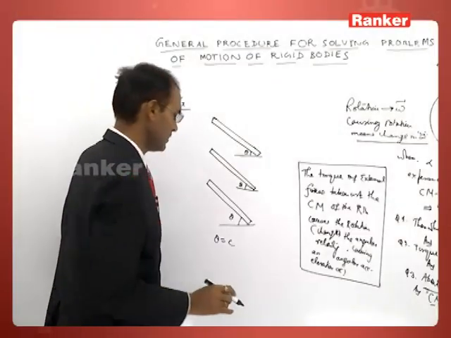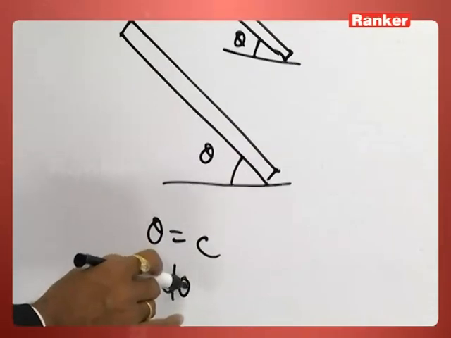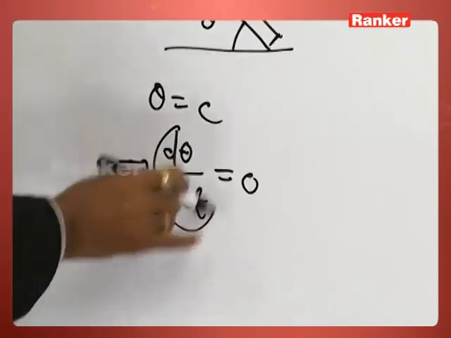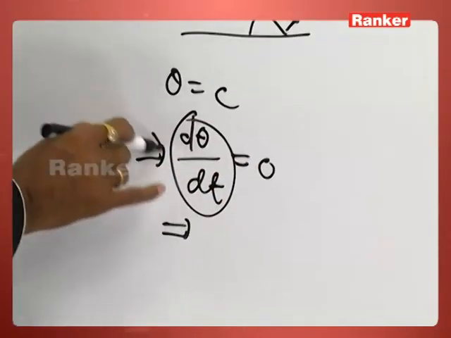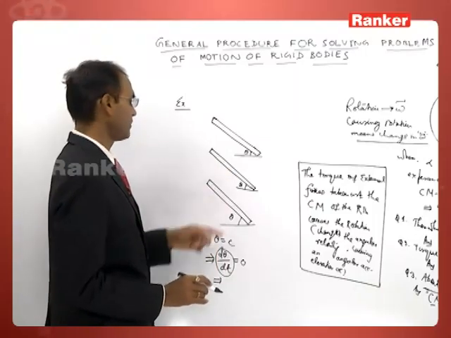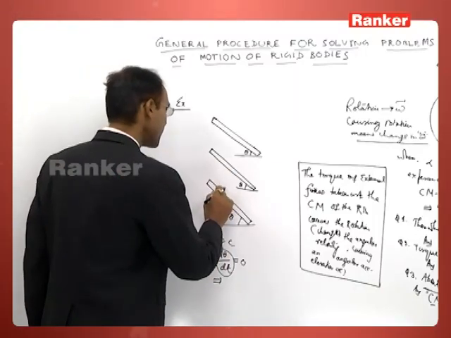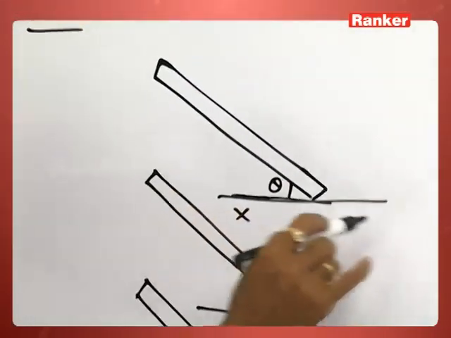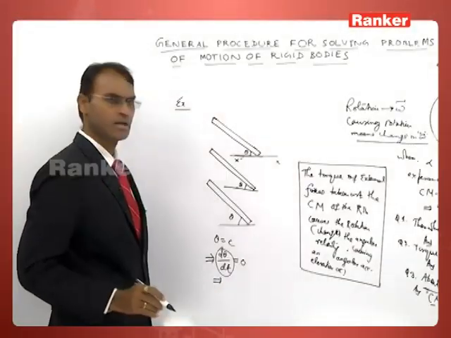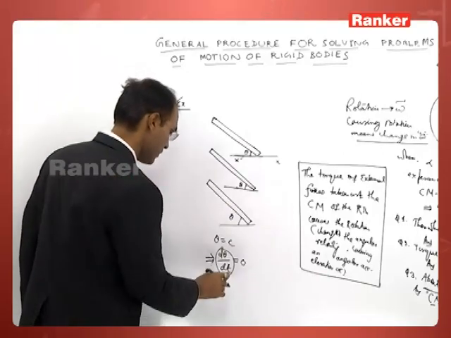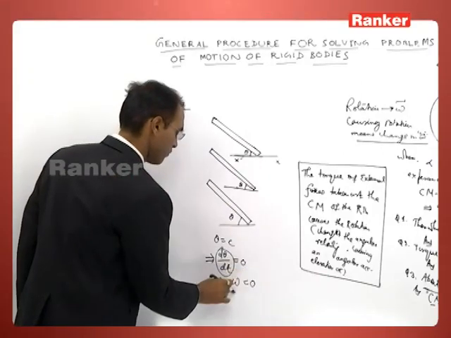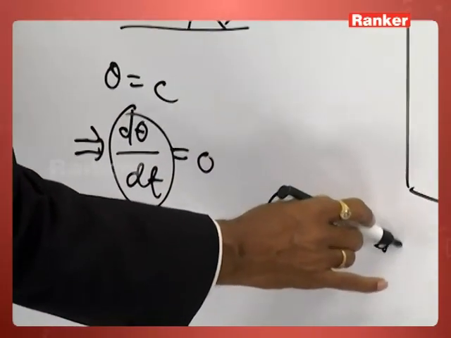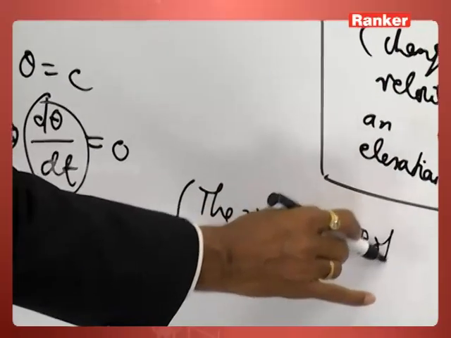The rate at which this angle changes is 0, and we define the rate of change of the angle of inclination of the rod with respect to a fixed line, say x dash, as the angular velocity of the rod, and this is equal to 0. The rod is not rotating.